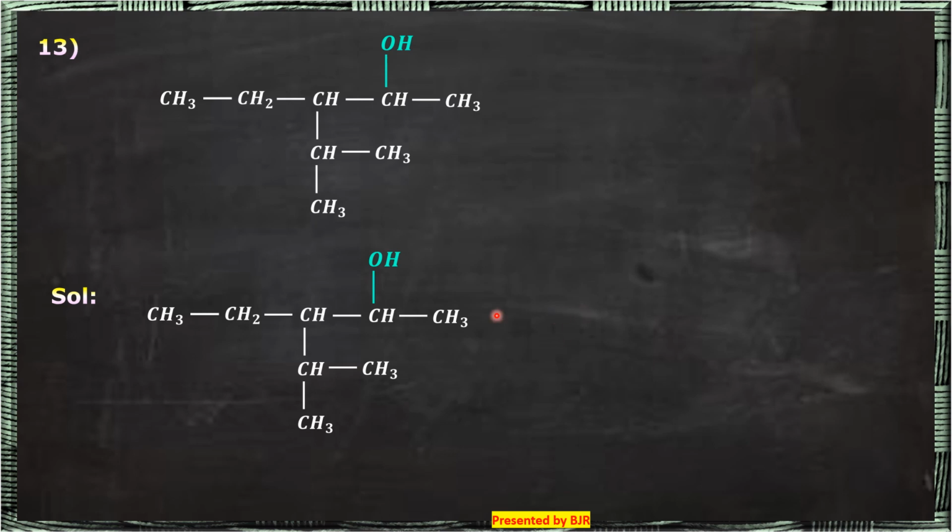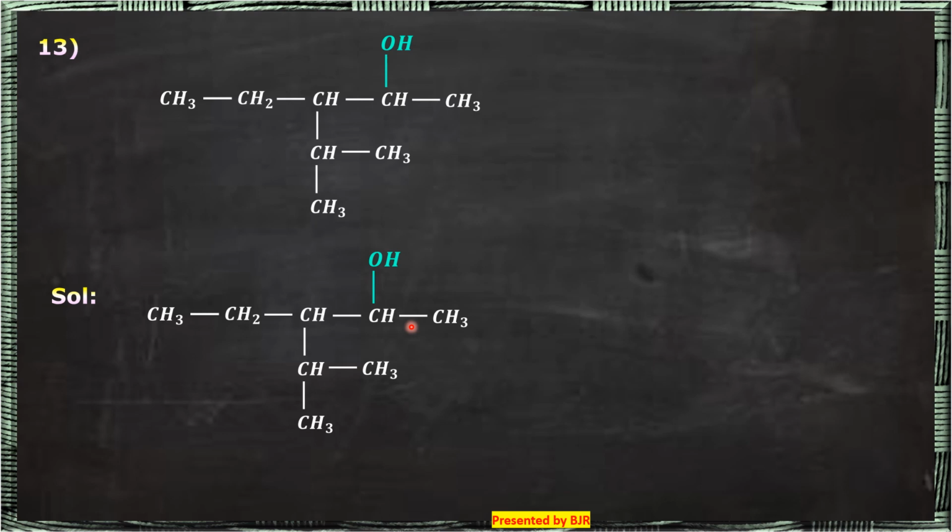Because sometimes there may be 2 or more carbon chains of equal length in the molecule. Here we have 2 chains of equal length possible for the parent chain. So we can select this as the parent chain or this one. Both have the same length.